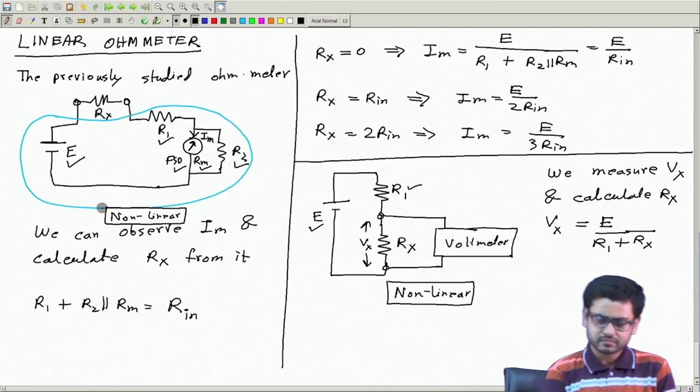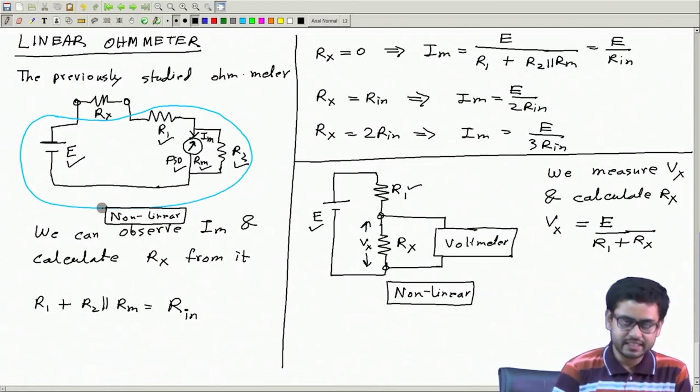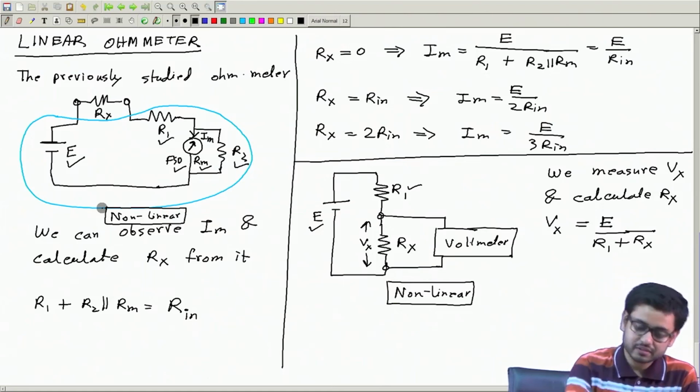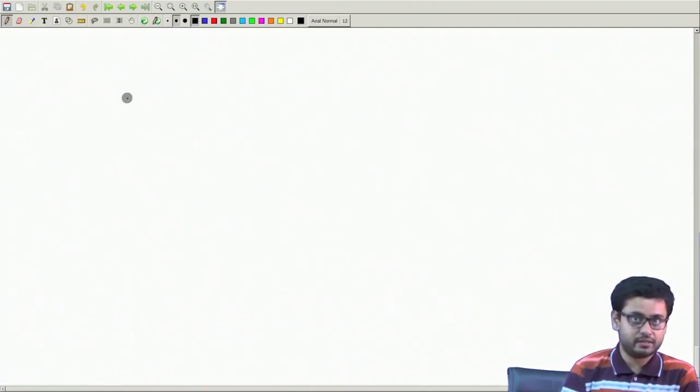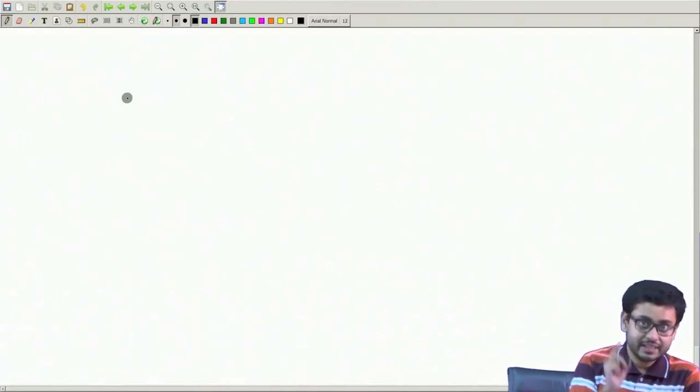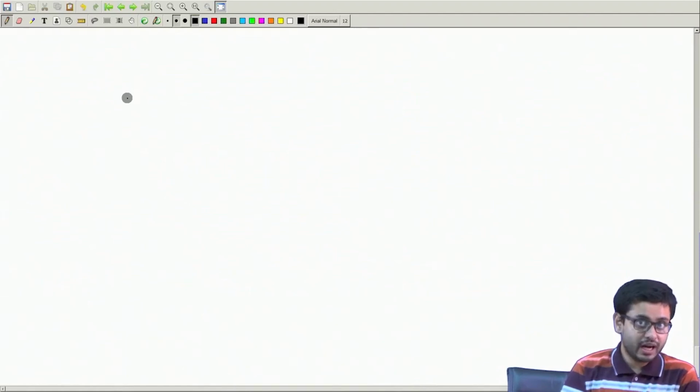Now, we will see a circuit for a linear ohmmeter. Let me first tell you the idea before coming to the actual circuit. The idea is that we will use a constant current source.